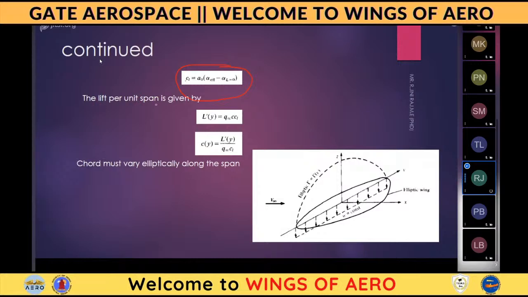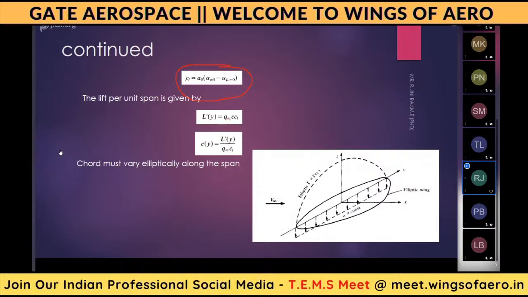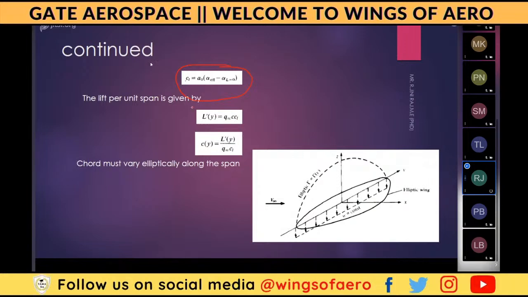So the lift per unit span is L of y equal to q infinity. We know the dynamic pressure q infinity is half rho infinity V infinity square, into S into CL. For per unit span, S, the area, will be 1 into c.